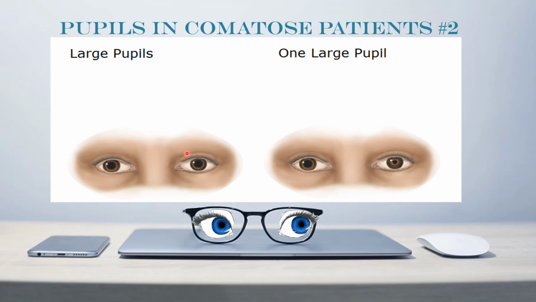This can also be an effect of antidepressant drugs. One large pupil that is fixed and dilated warns of herniation of the temporal lobe causing compression of the oculomotor nerve in the midbrain. A single large pupil is commonly seen in diabetic patients with infarction of cranial nerve number 3.